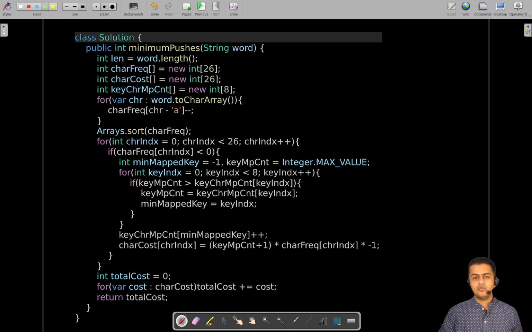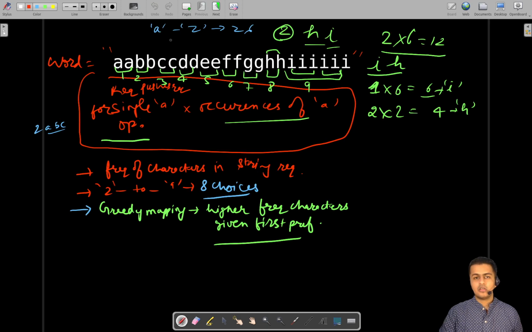As I told you, the very first thing that you will be needing will be the character frequencies. So this is the frequency array. Since from A to Z there are only 26 characters, what we have done here is take the relative difference of every character with A. A's relative difference with itself will be 0, and Z's relative difference with A will be 25.